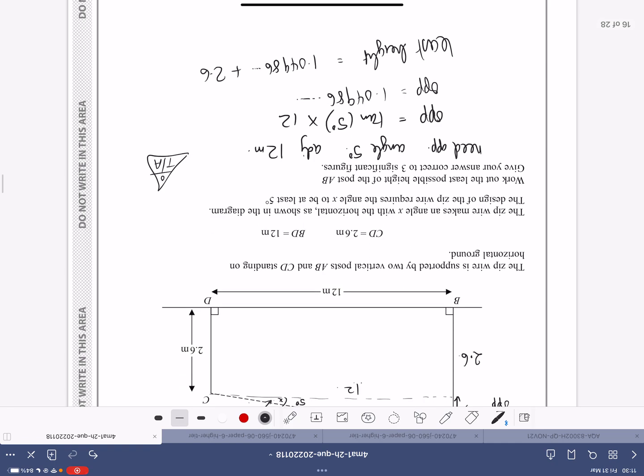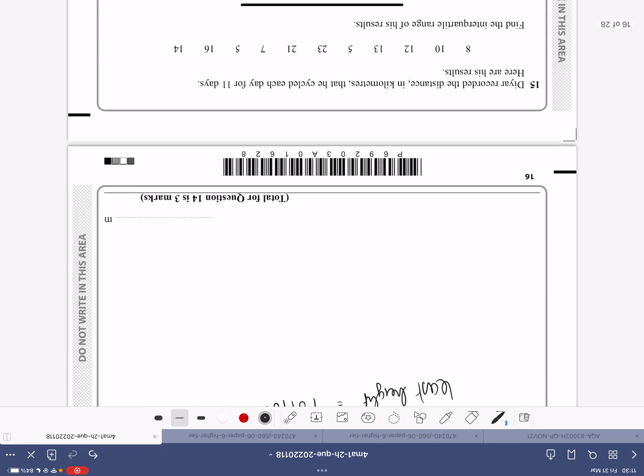How many decimal places? 3 significant figures. 3.65 meters.